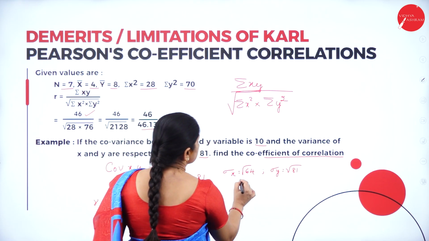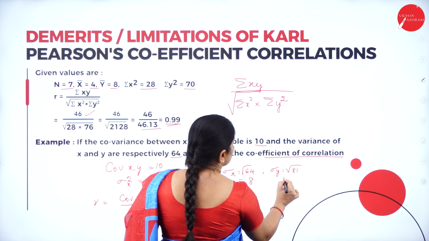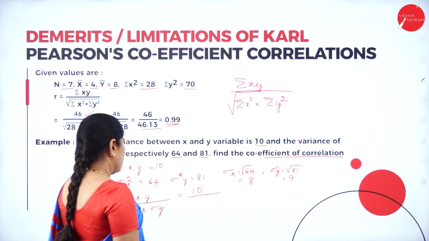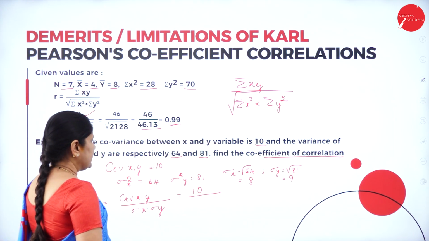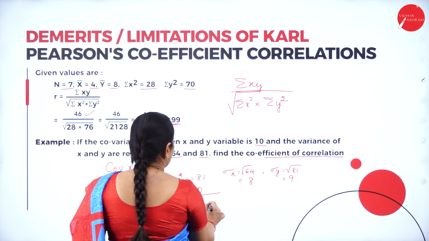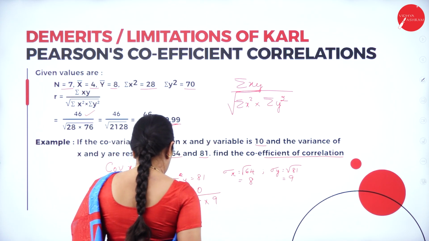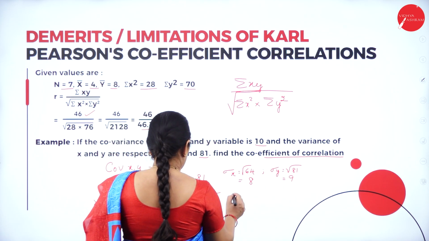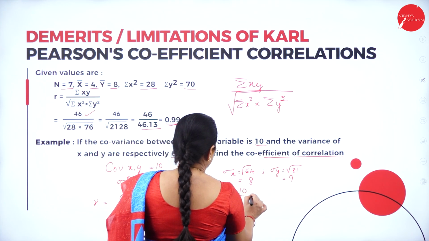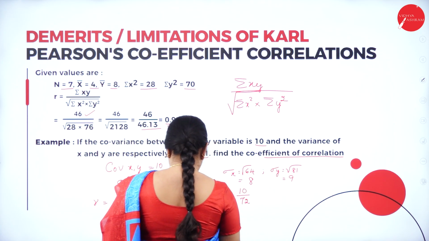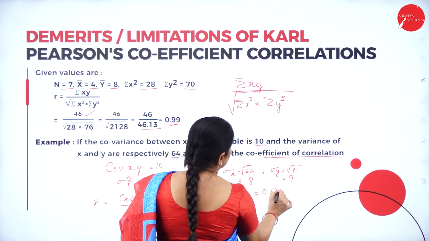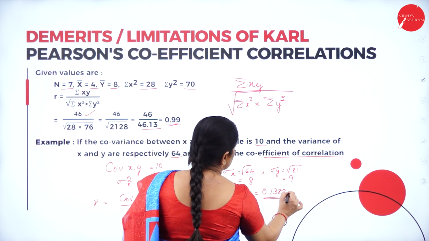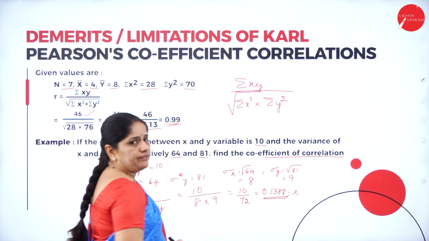The root of 64 is 8, the root of 81 is 9. So, the standard deviation of x is 8 and of y is 9. This will be equal to 10 divided by 72, which is 0.1388. So, this is the correlation coefficient.